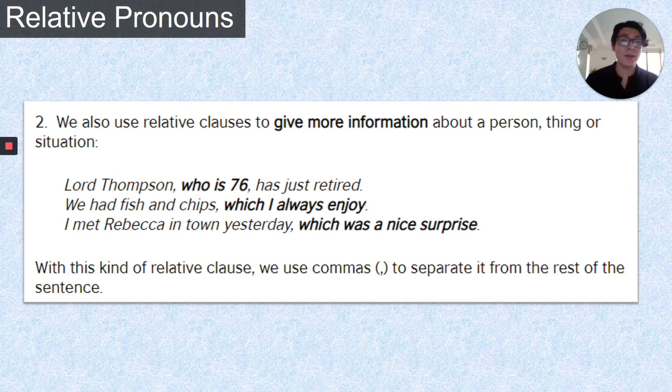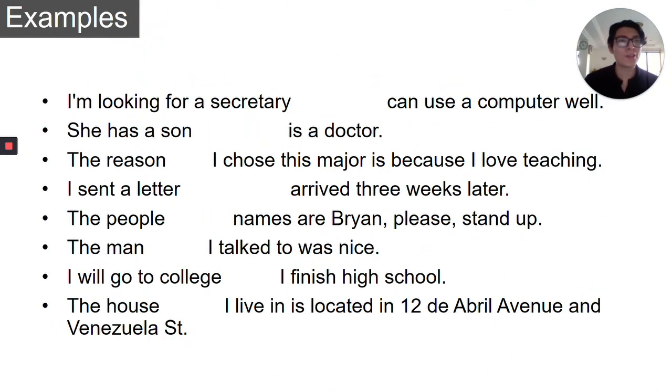But if you omit this information, the student is intelligent. You can understand that because when you use commas, that is only additional, not necessary information. With this kind of relative clause, we use commas to separate it from the rest of the sentence. Now, we have here some exercises.